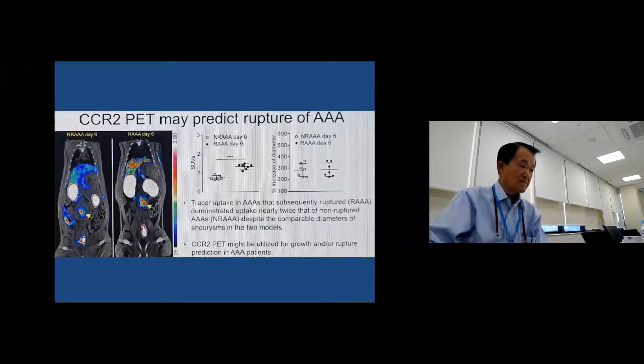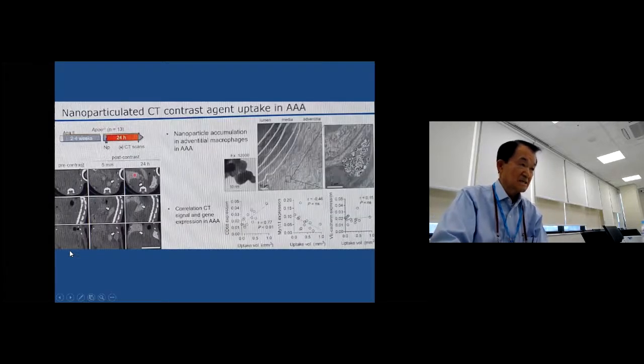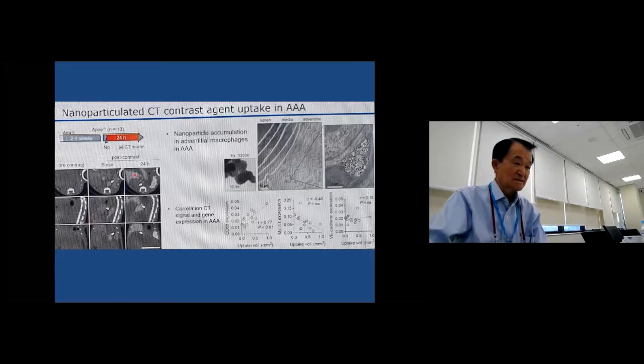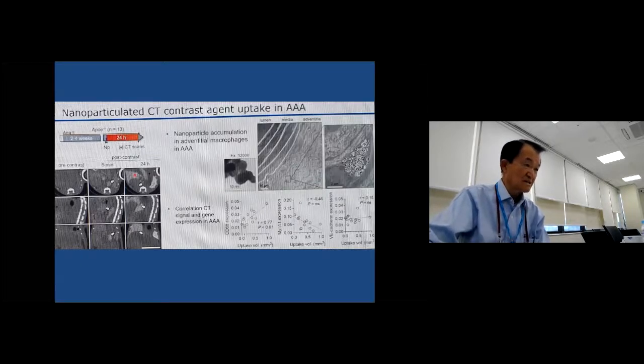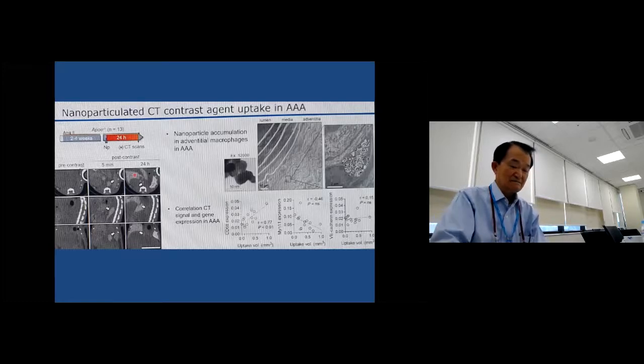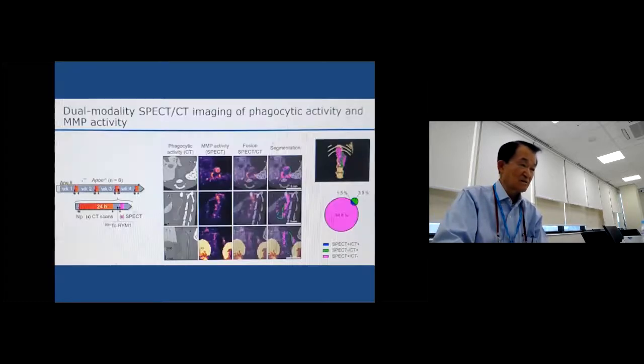So ruptured abdominal aortic aneurysm can be predicted by this chemokine labeled PET isotope here. A nanoparticle CT contrast also has been tested in the abdominal aortic aneurysm, and that could be used for diagnosis and maybe eventually for therapy.